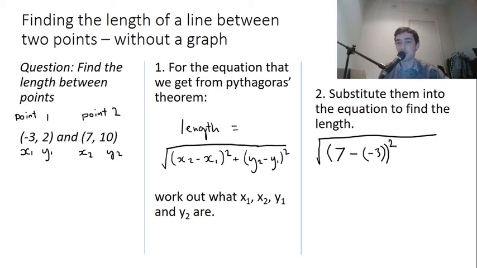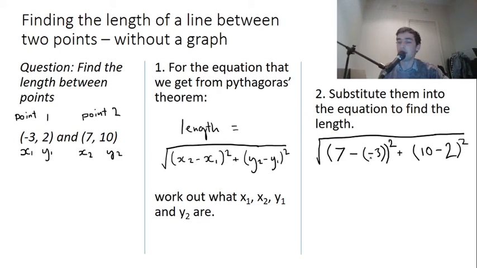Okay. So we square that because there's a squared here. We write plus because there's a plus here. Keep writing the exact same thing, but when we get up to y2, we have to write 10. Minus y1, we have to write 2. And bracket and squared. And okay, we're almost done. Now we just need to do a bit of maths.